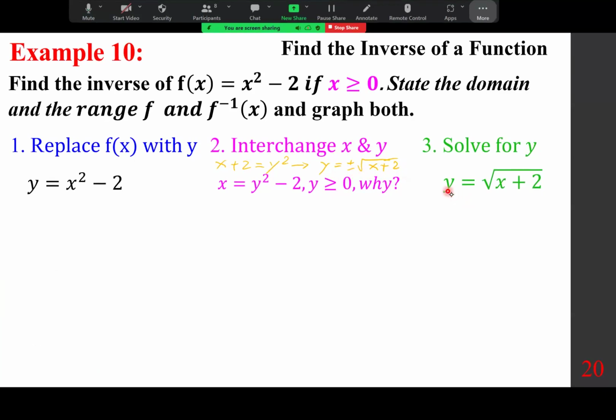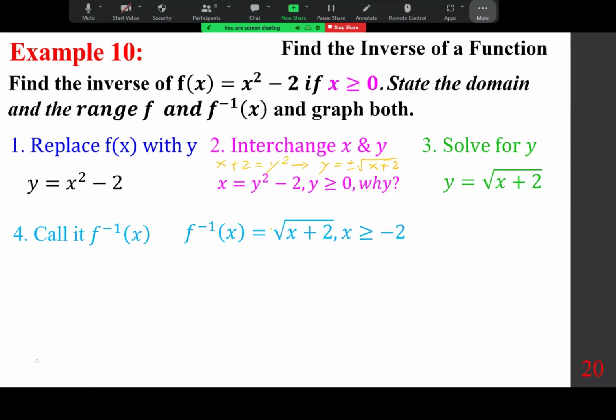So we're going to change the y to f inverse. So f inverse of x is the square root of x plus 2, where x must be greater than or equal to negative 2, because to find the domain, you say x plus 2 larger than or equal to 0.